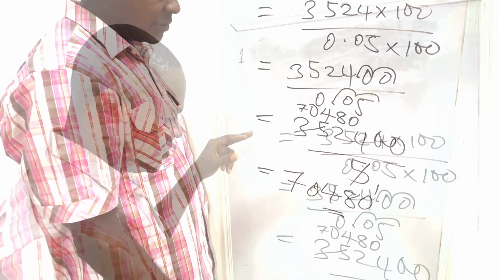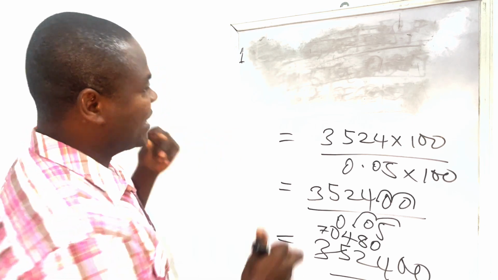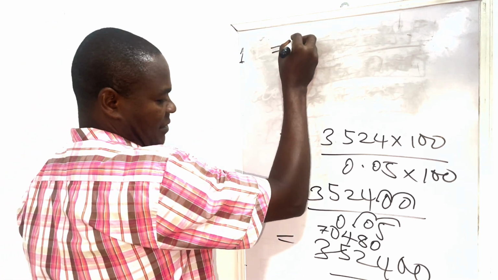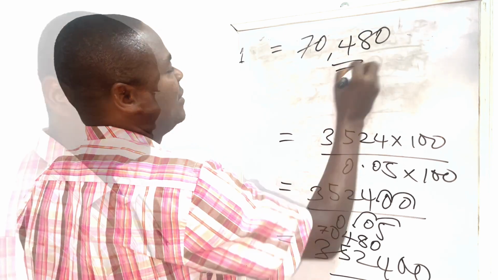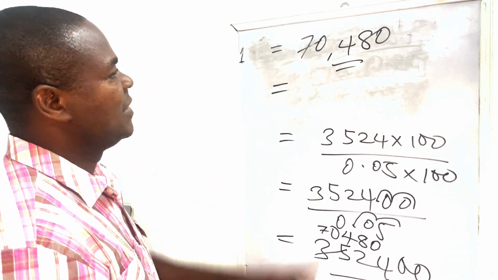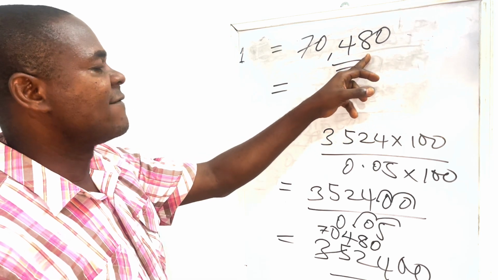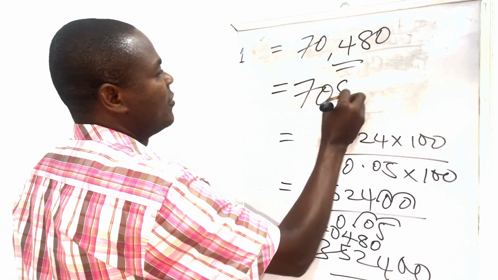But I want to bring it to 3 significant figures, because essentially what I have here is 4 or 5 significant figures. So let's continue from the top because of space. So what I have essentially is that 70,480. I want to convert this to 3 significant figures. 8 is more than 5. Add it to this place. I'm going to have 705.